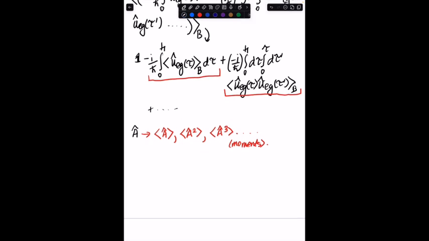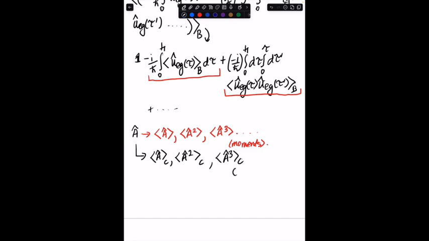And likewise, you can define something which are known as cumulants. So the cumulants of a particular observable, let's just say a, denoted by a hat c for the lack of a better notation, a squared c, and then a cubed c.